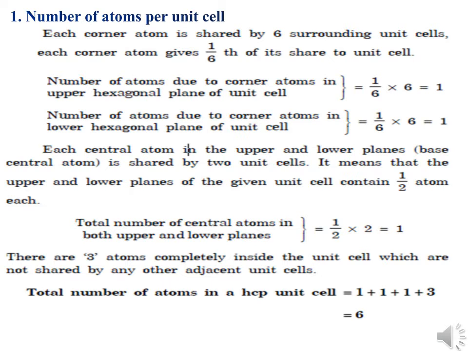Middle layer atoms: there are 3 atoms completely inside the unit cell, which are not shared by any other adjacent unit cells. Therefore, the total number of atoms in an HCP unit cell is 1 plus 1 plus 1 plus 3, that is 6 atoms.